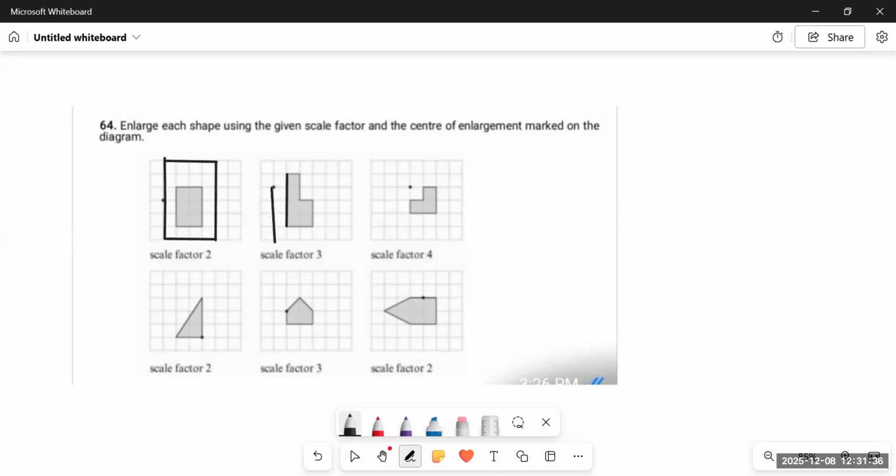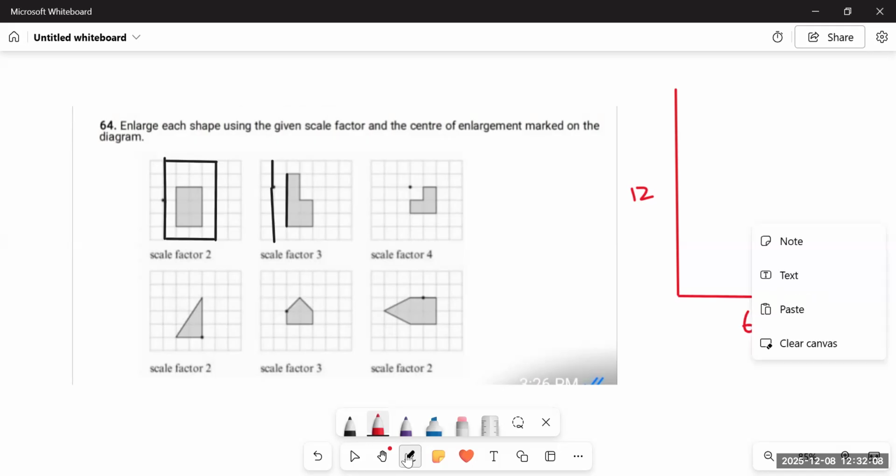1, 2, 3, 4, 5, 6. So for this we have to go 4 threes are 12. It would be 12 squares here. Then 2 threes are 6. For 2 squares we have 2 threes are 6.